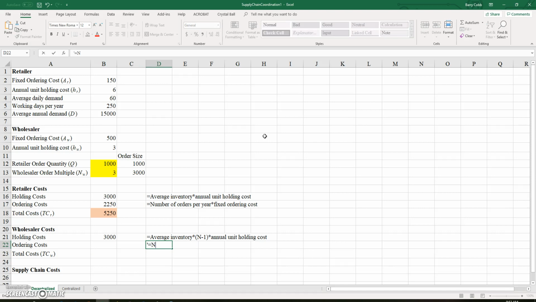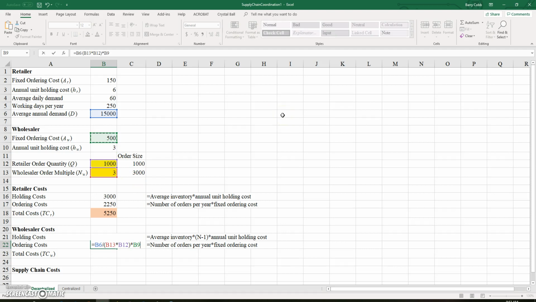The ordering cost for the wholesaler remains the number of orders per year times the fixed ordering cost. But we can see that the number of orders per year for the wholesaler will be different. The wholesaler's order size is N times Q. So we'll build that into the formula. The number of orders per year is the annual demand divided by N times Q. N times Q was also used to calculate the order size here in column C, so that cell could have been used as a reference as well.